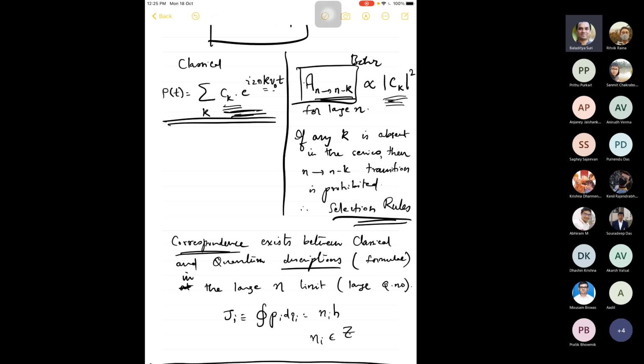Not some hypothetical large n transition which has a mathematical form that agrees with the classical behavior and produces more or less harmonic radiation, a fundamental frequency and the higher harmonics, but does not really say anything. This correspondence that we worked out has no validity for small n.